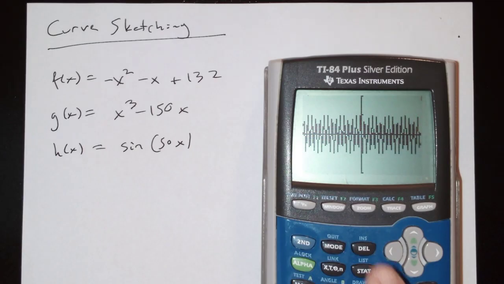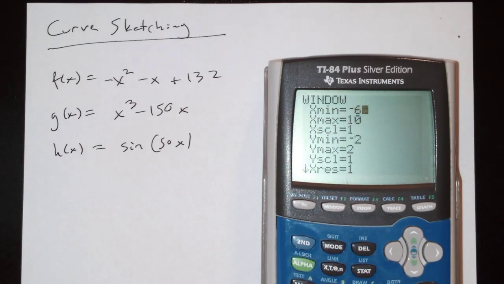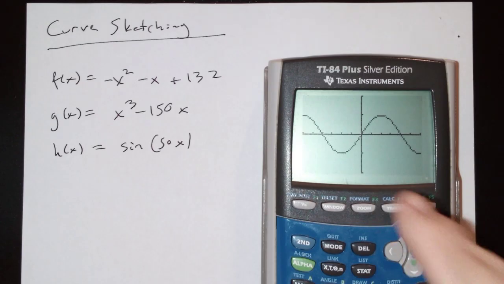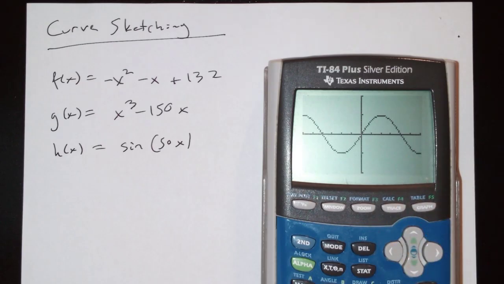Okay, I'll change my window. -6 to 6. That's perfect. That's also wrong. That is 100% a lie. It's just that the computer is stupid. All it does is plug in the numbers.